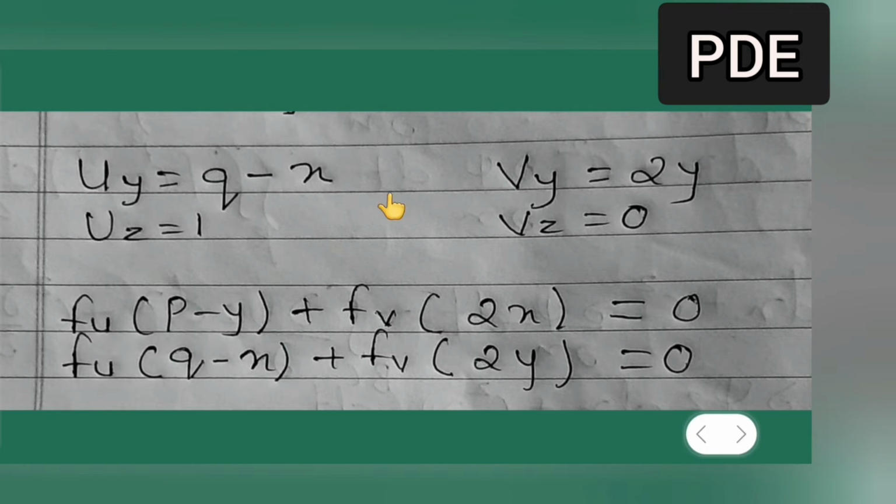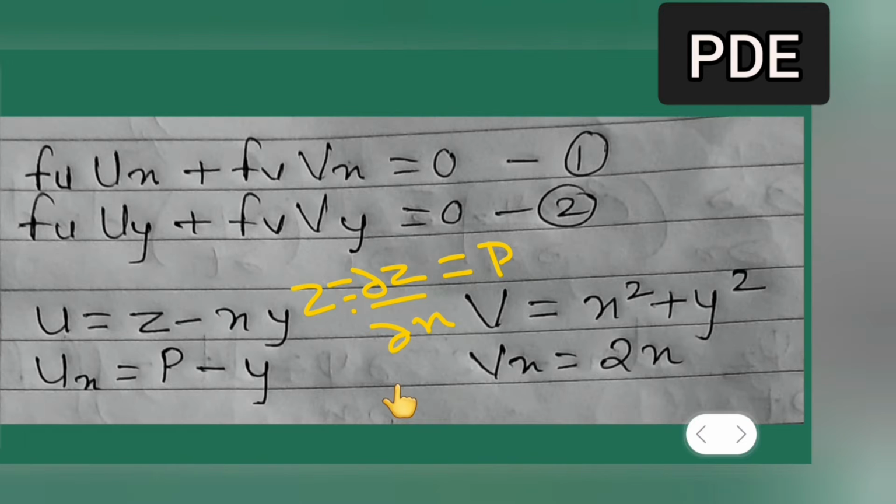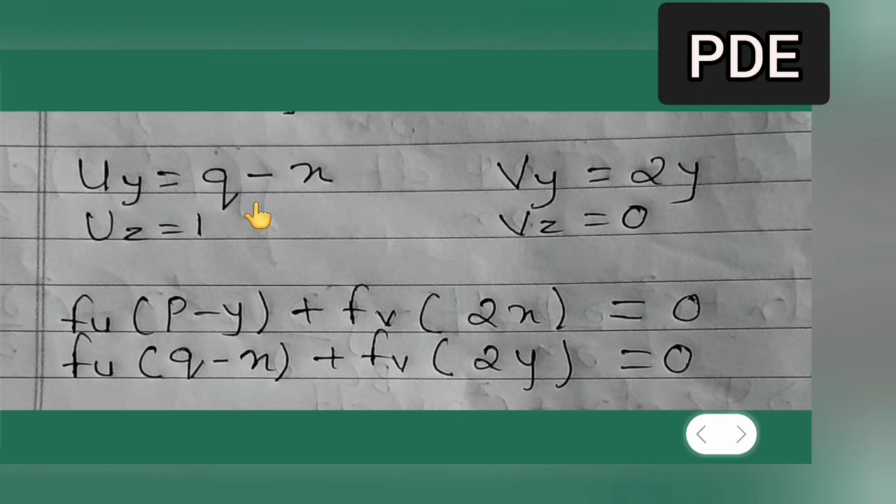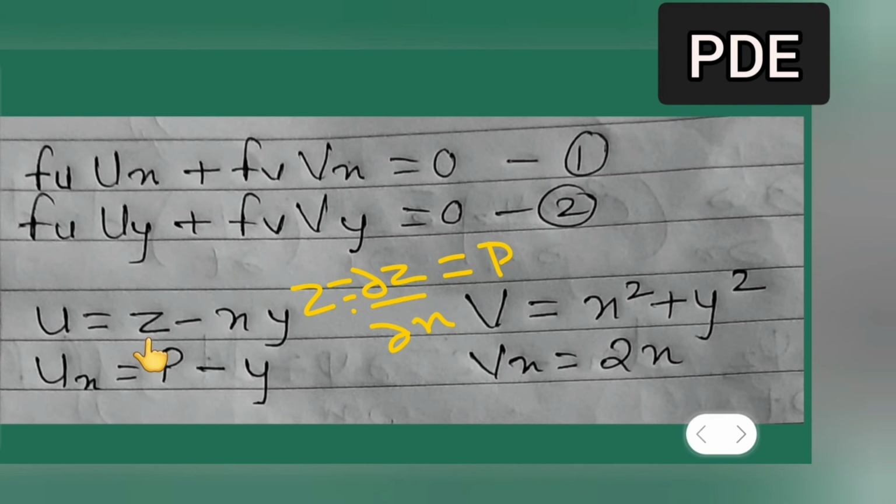Now what is u_y? I am differentiating u with respect to y now. So I am going to get q minus x, because if I differentiate z with respect to y, dou z by dou y is equal to q, right? So I have written q minus x over here.